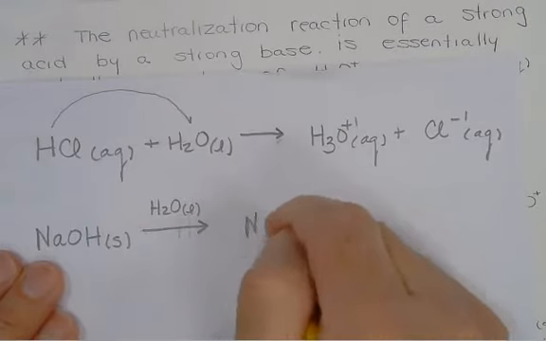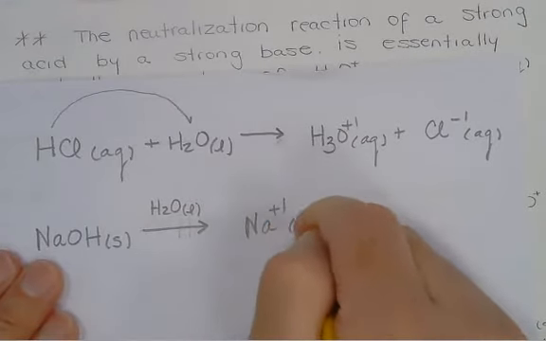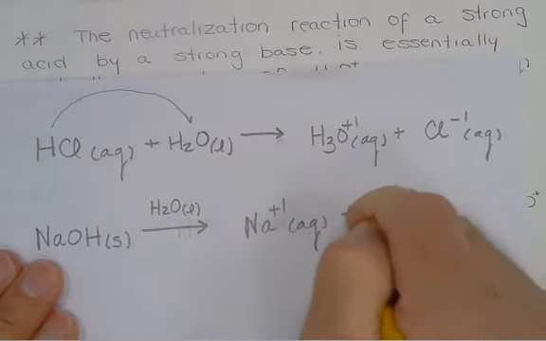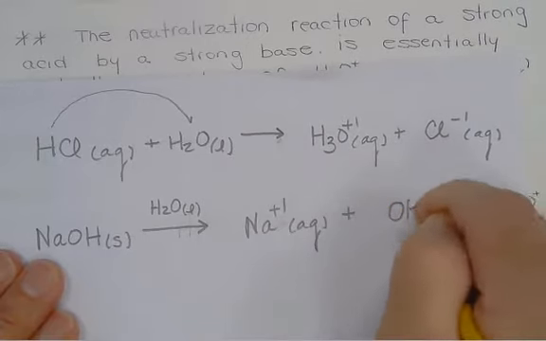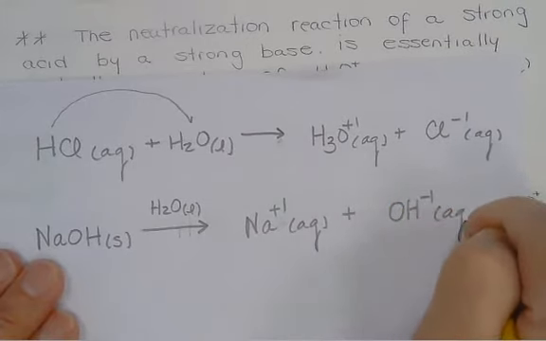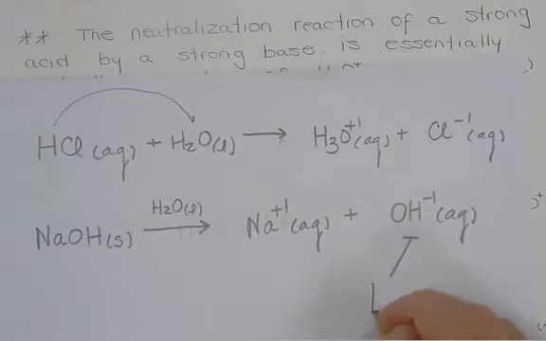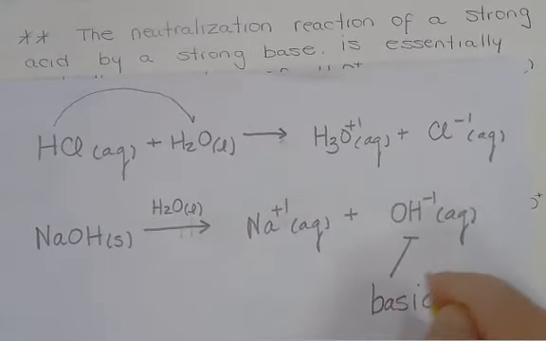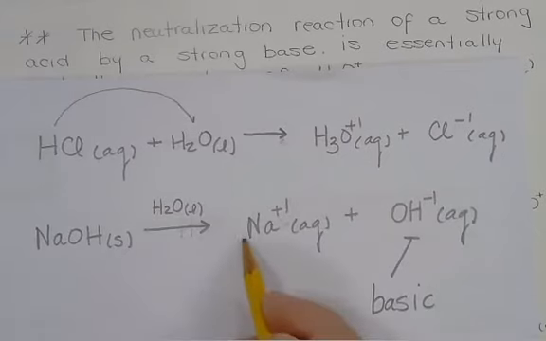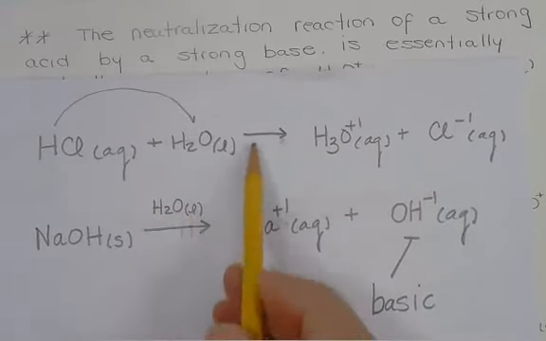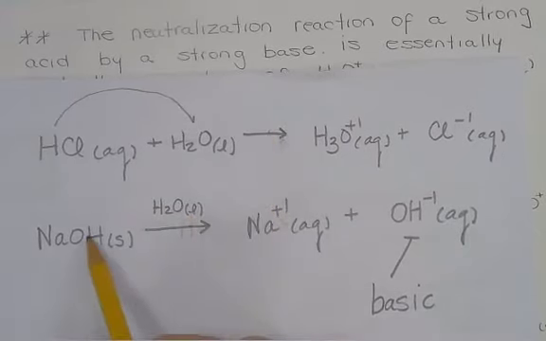It breaks up into its two parts. That means I get sodium ions, which are harmless, and I get hydroxide ions, which are not harmless. This is very dangerous stuff. This is what makes something basic. Since this reaction goes all the way to the right, it's a one-way arrow, sodium hydroxide is considered a strong base. Okay, so there's an example of a strong acid and an example of a strong base.